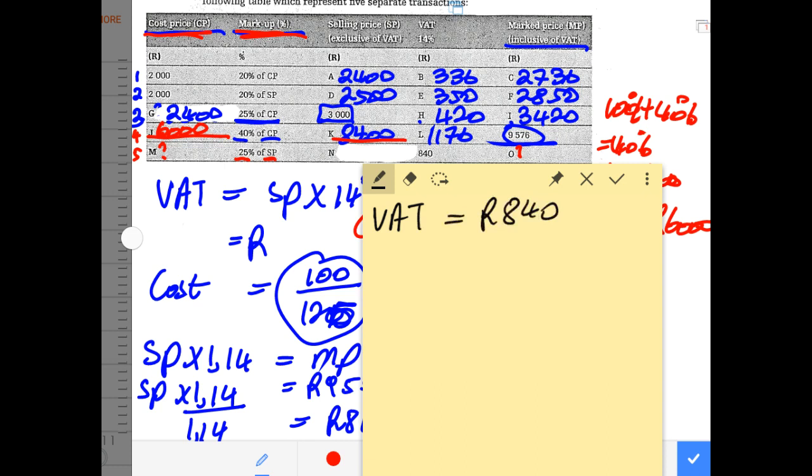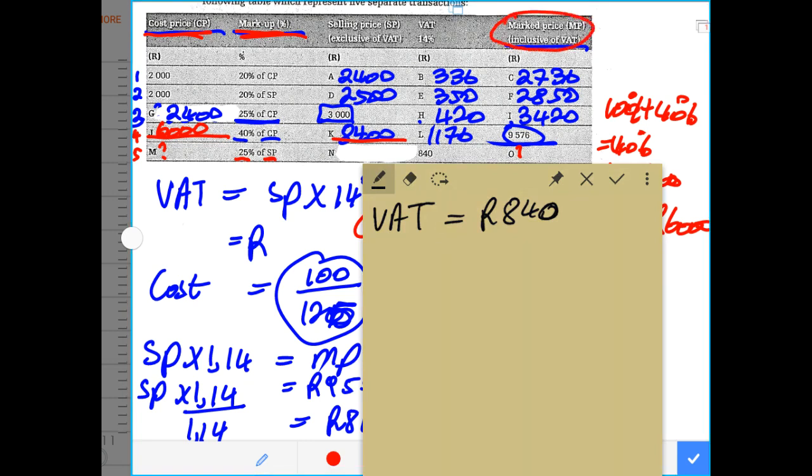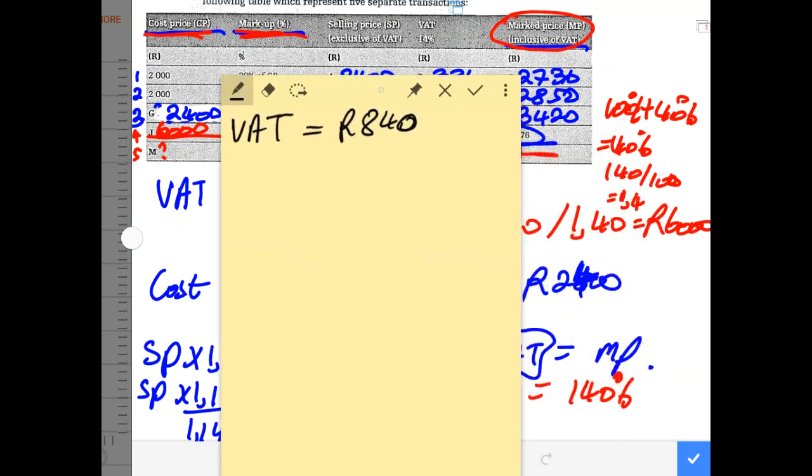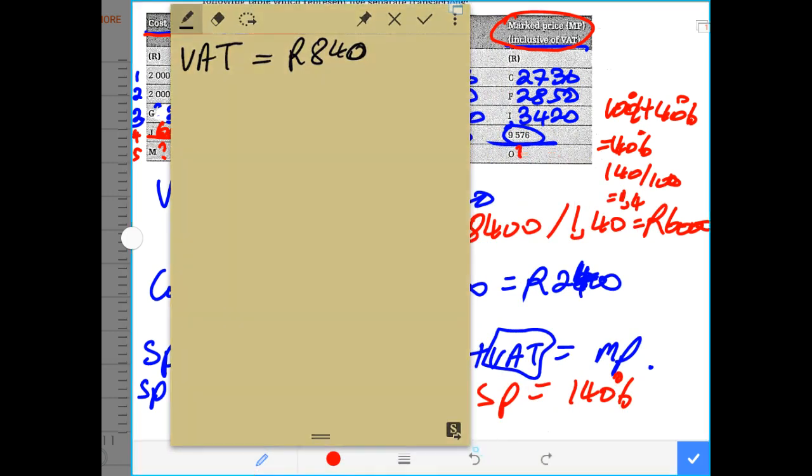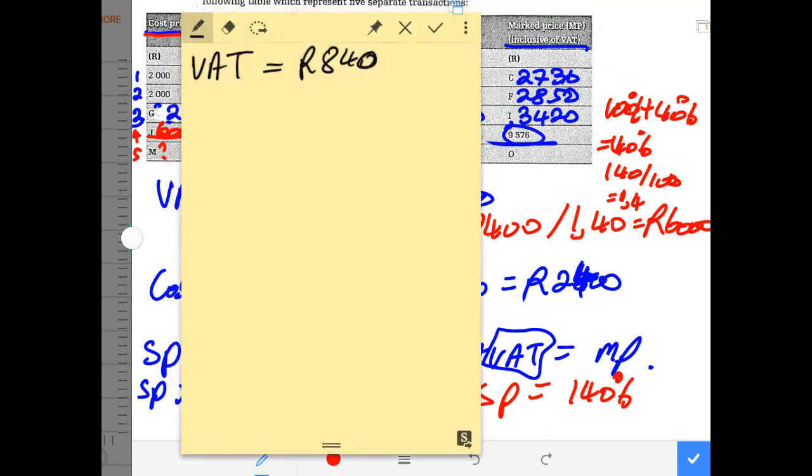The question is, how do we get to the VAT of 840? How do we normally calculate VAT? If we are given the marked price, if that alphabet was given, then we know how VAT will be calculated.